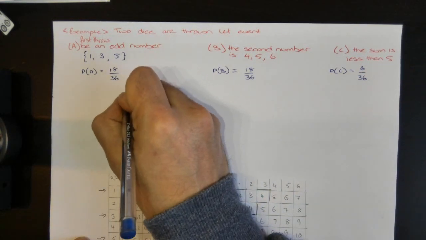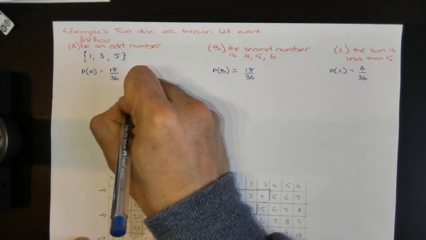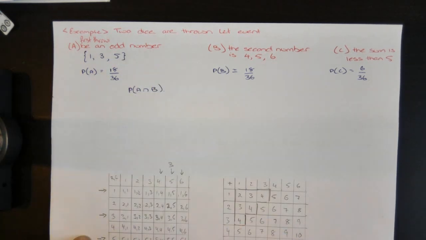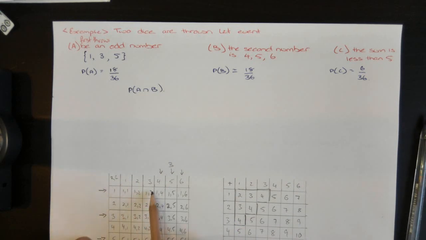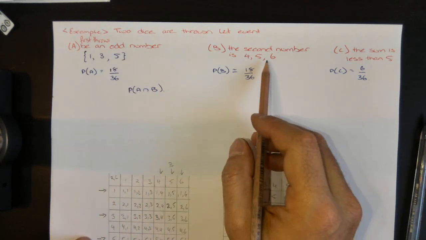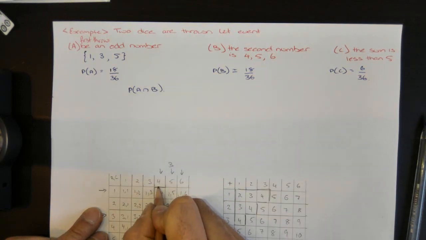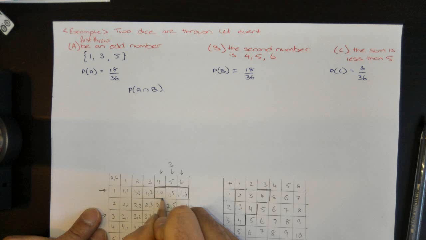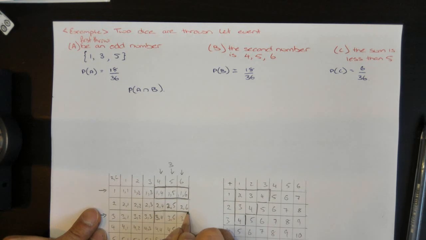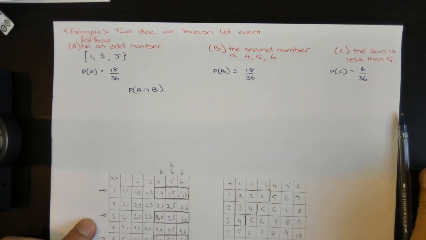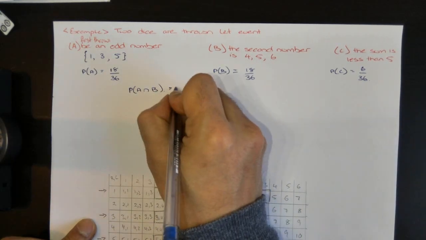Now, I'm going to find the probability of A intersection with B. So basically it is the first throw, and then the second number is 4, 5, 6. Well, that includes this one here. So basically these three, this is the intersection, and these three. So that's 9 over 36.